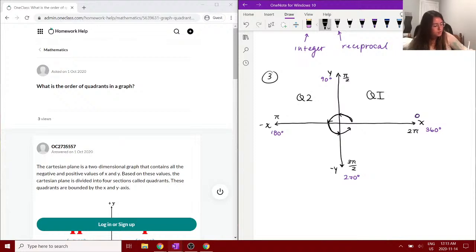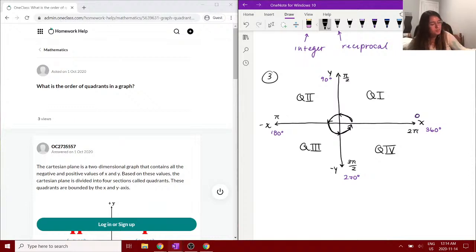Go through the third quadrant, Q3, and finally the fourth quadrant here, we have Q4. So that's Roman numerals for 4. I wrote 2 instead of 2 in Roman numerals, but here we go.